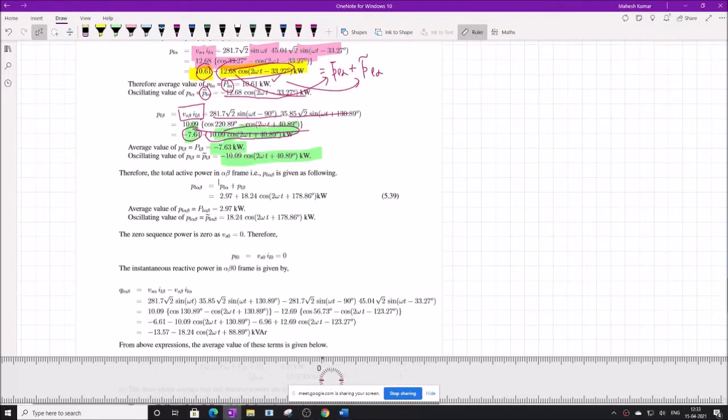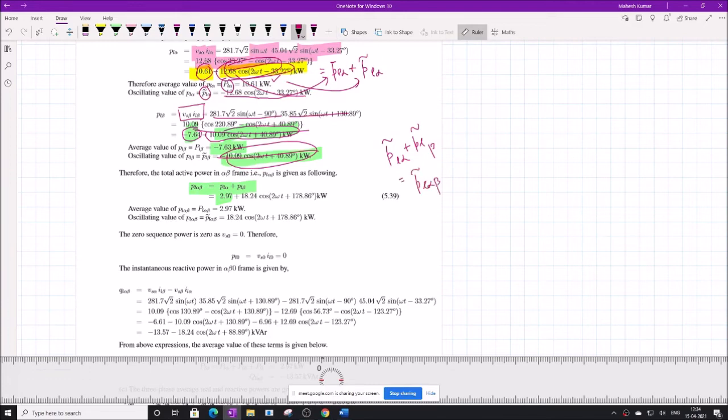What about PL alpha beta? PL alpha beta is the sum of PL alpha plus PL beta. So we can add these two quantities, DC to DC. It becomes 2.97. And if we add this term and this term, adding PL alpha plus PL beta actually becomes PL alpha beta oscillating.